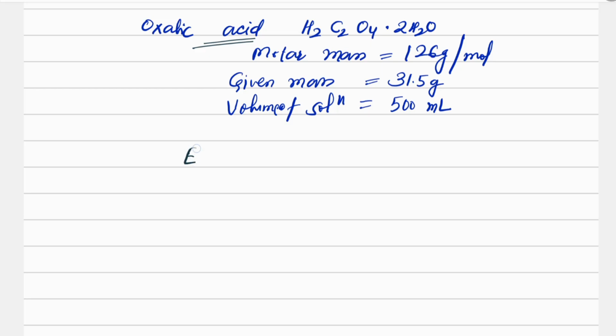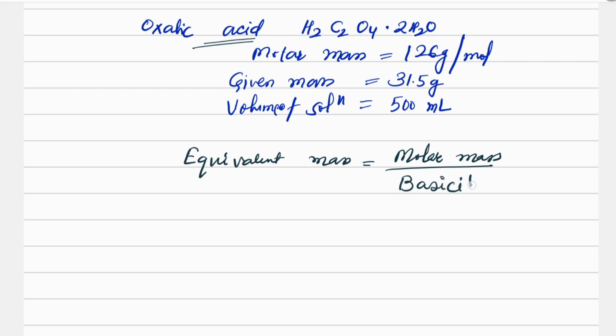First, we have to calculate equivalent mass, that is molar mass divided by, because this is an acid, basicity. Molar mass is 126 grams per mole, and basicity over here is 2, as there are two replaceable hydrogen ions. It is going to be 63.